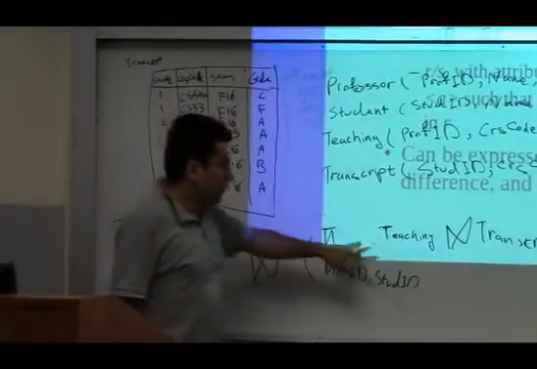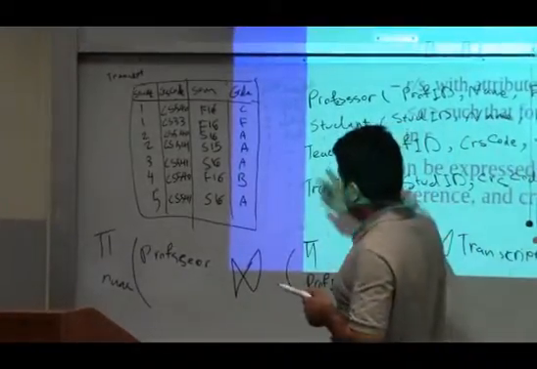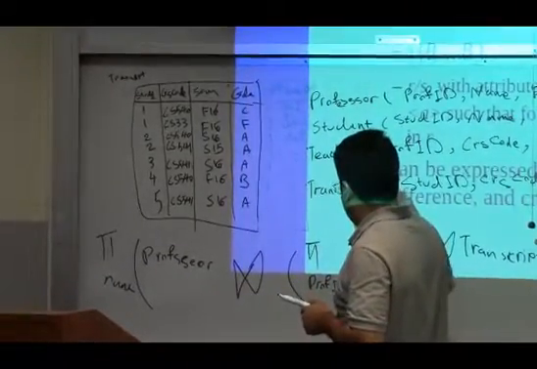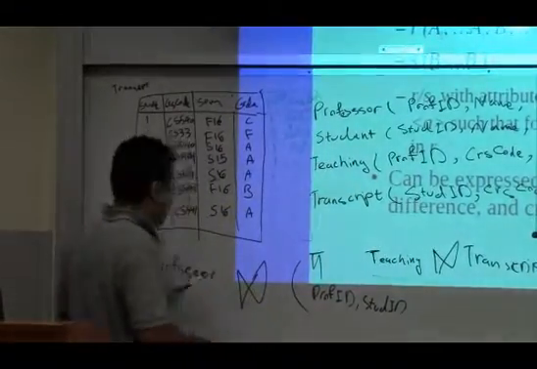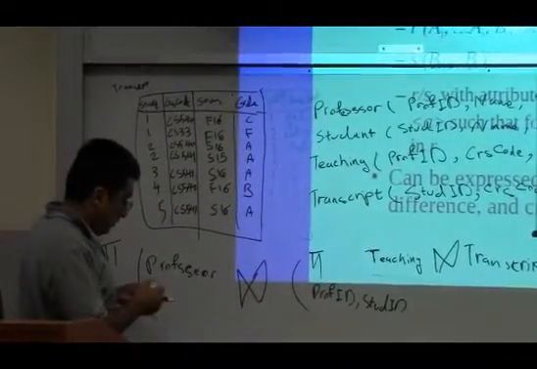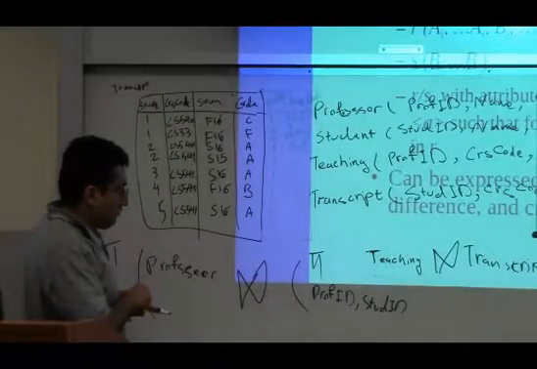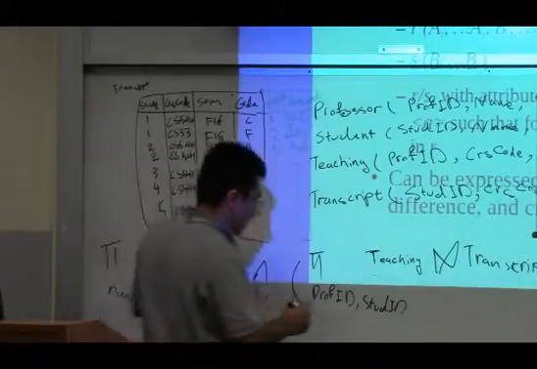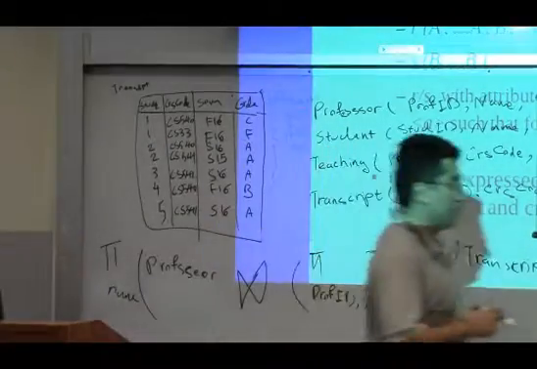Then the rest of this table will be Professor ID, and then the Professor ID of Professor Mahmoud. Then probably we don't even need to. We can make it simpler.